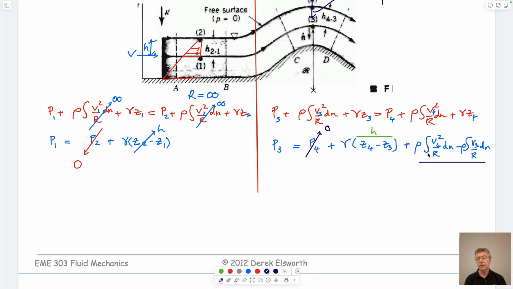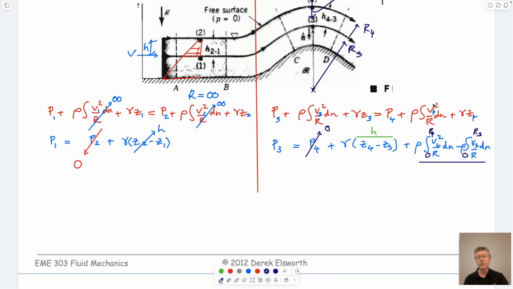So this integration is between 0 and R4, and this is between 0 and R3. This is 0. This would be, call it uppercase R3, and this total one would be to R4.